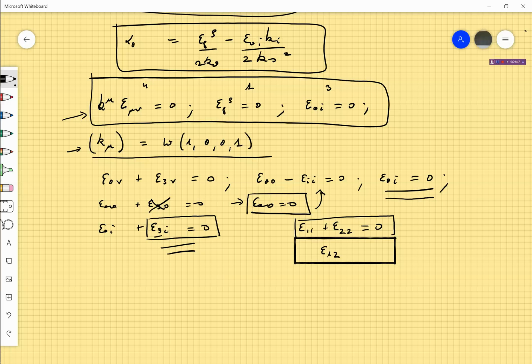So only one of them is independent and represents one degree of freedom, and the other degree of freedom is represented by ε^{12}. ε^{12} usually is represented by ε_×, for reasons that will become evident in a little while. ε^{11} is called ε_+.